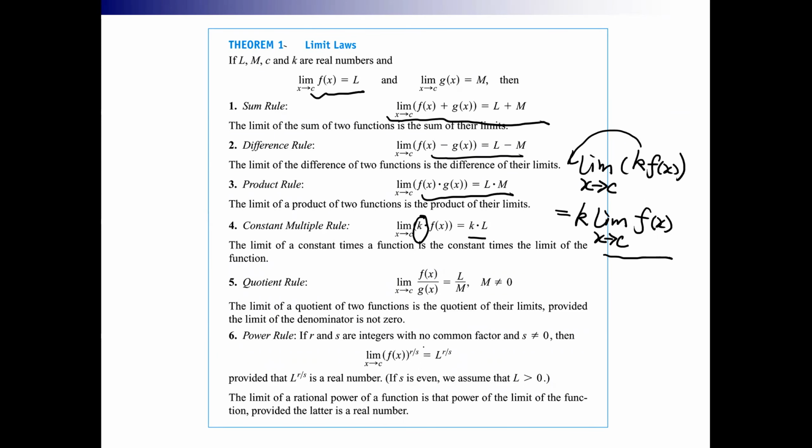First you calculate the limit, and then you calculate the power. So these are the limit laws for limits of functions. The one-sided limits also have the same laws, so you can also use them.